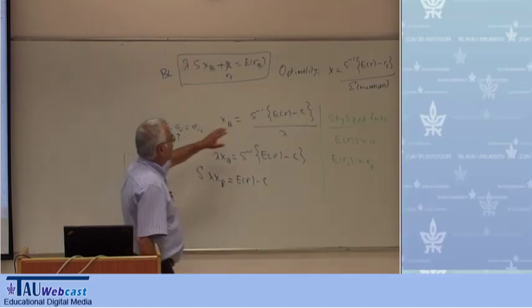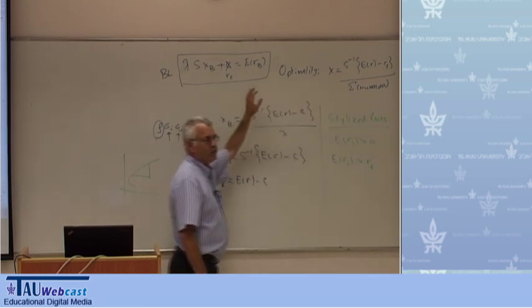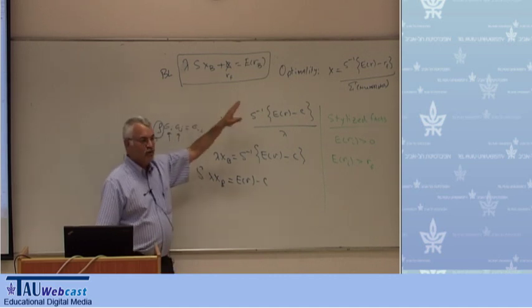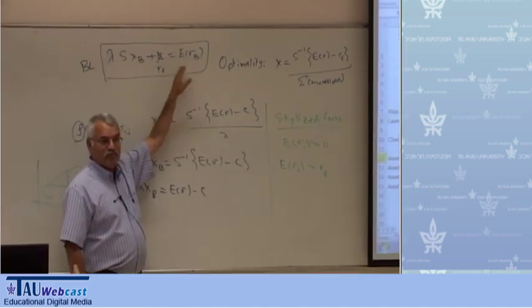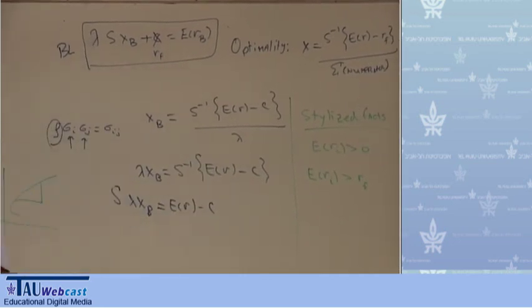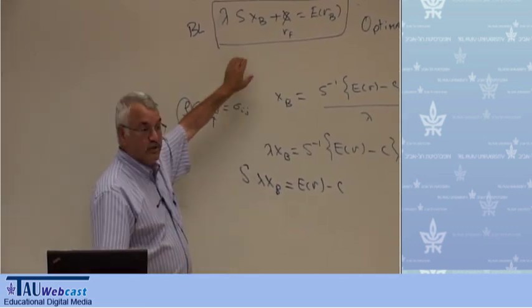This is the optimality equation. This is what happens when you take the optimality equation and you turn it around to solve for expected returns. Now, what's the fact about this equation, and this you can see in Excel?